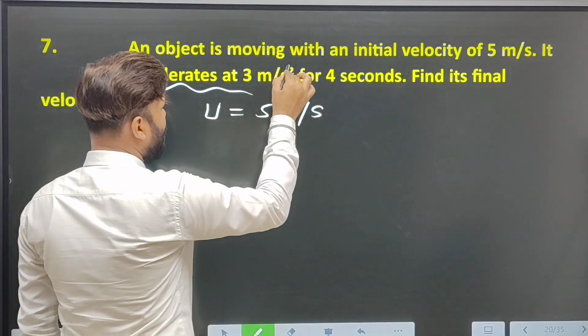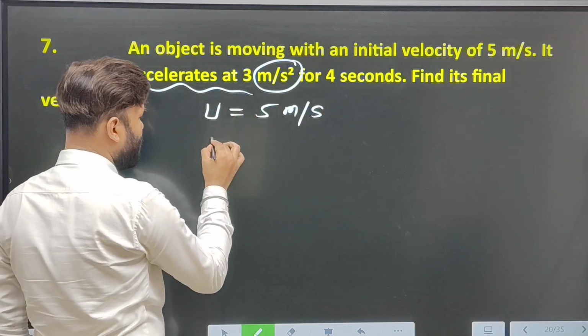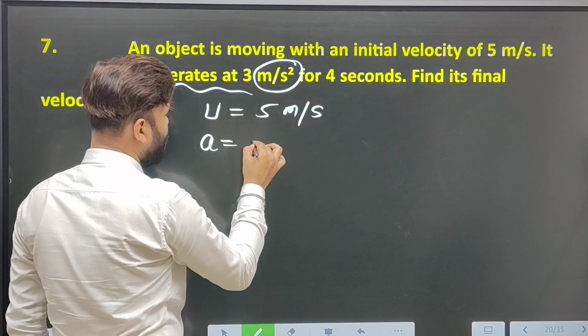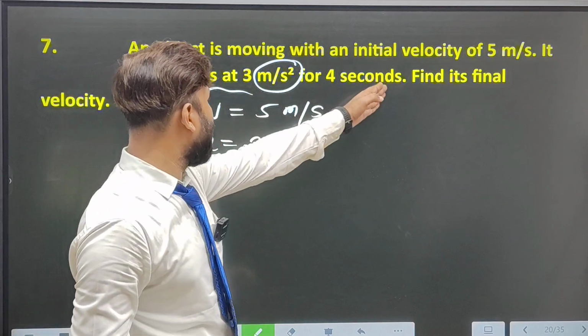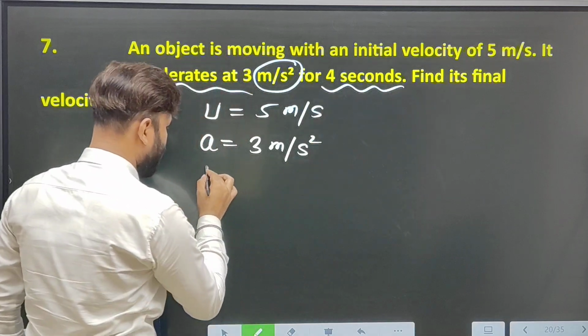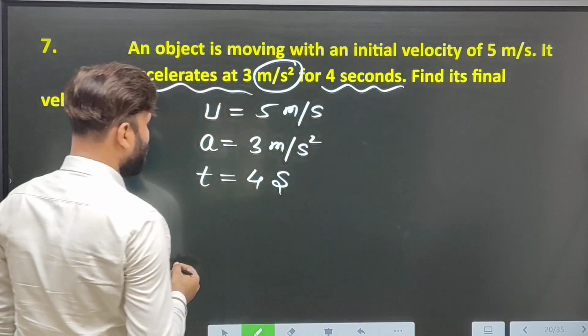How do we get to know that it is acceleration? Because the unit meter per second square is given, and accelerate is mentioned. In how much time? Time is given, 4 seconds. Find its final velocity.